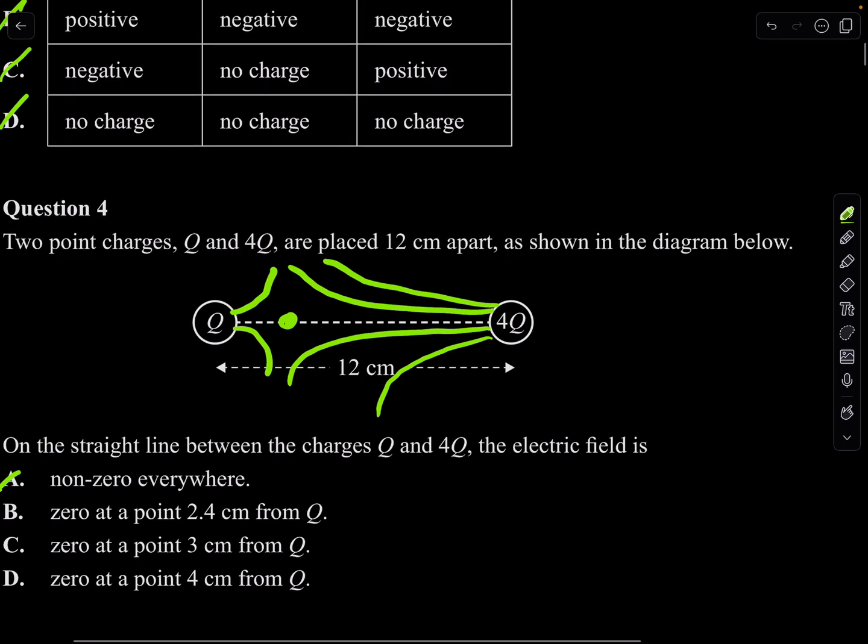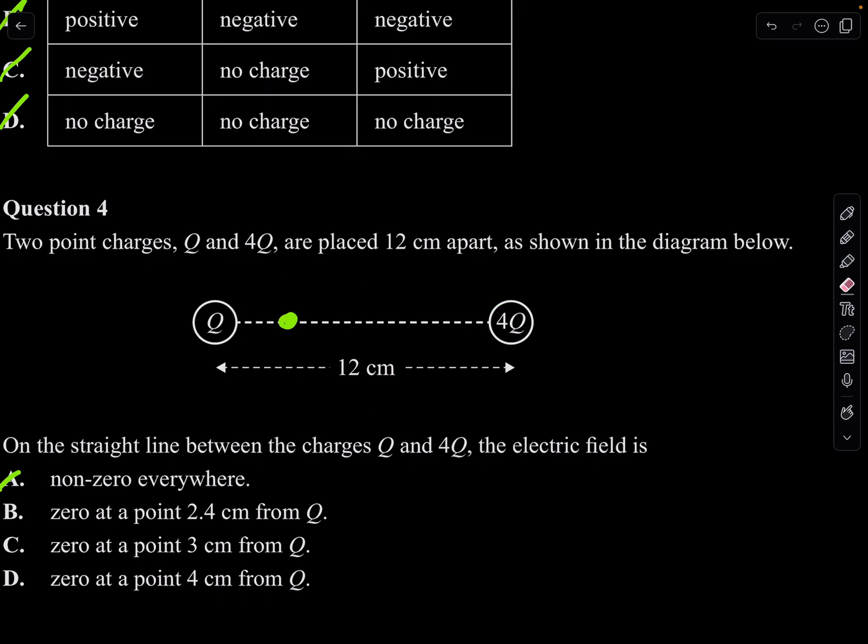Let's see how we can determine the distance from Q where it's 0. So if I rub these out and just keep this, I know this here, we said that the electrical field is 0.